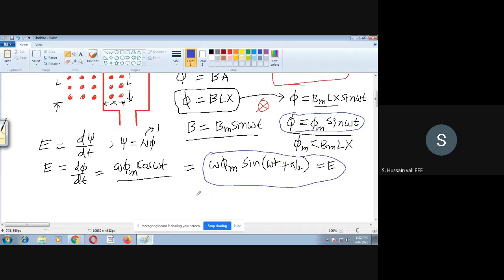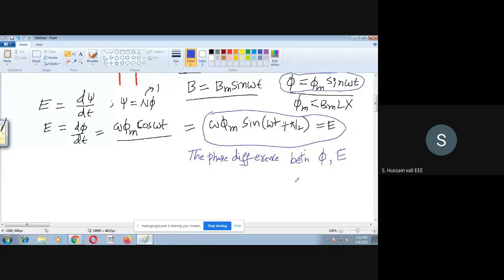So one difference is the phase difference between flux phi and EMF. You got 90 degrees, or pi by 2 radians. This is the phase difference between the flux and EMF.